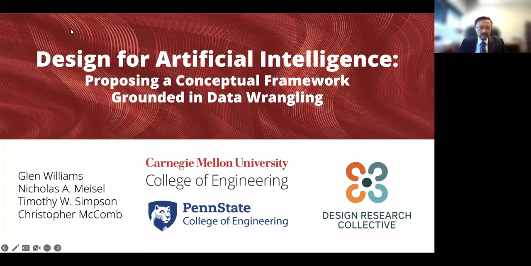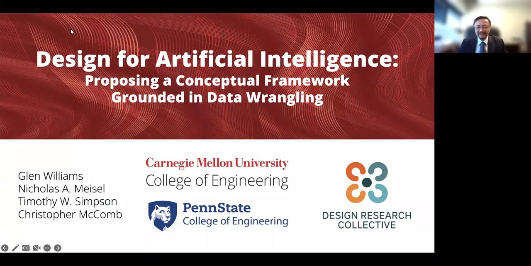Professor Chris McComb is an associate professor of mechanical engineering at Carnegie Mellon University. His research expertise areas include machine learning in design, AI, as well as human societal systems. Chris is the director of the recent Human AI Design initiative at Carnegie Mellon.